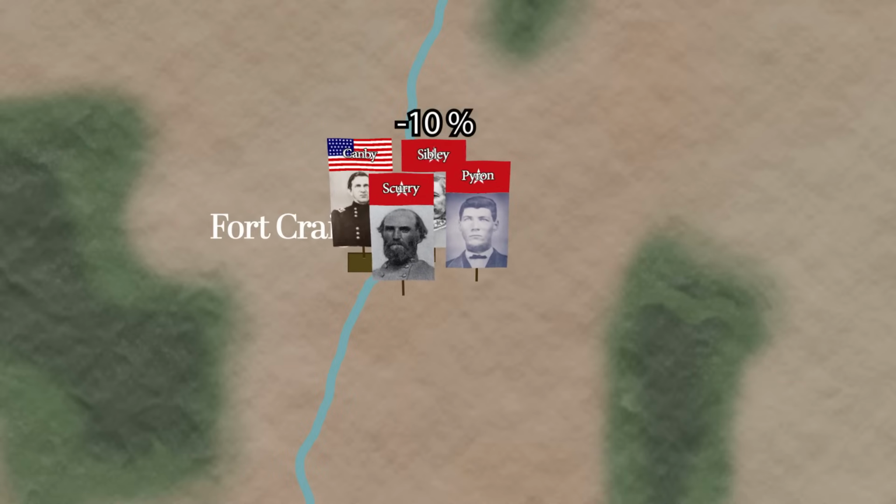Sibley's army sustains 10% casualties, but it fails to interdict Union supplies and fails to take Fort Craig, with its stockpile of provisions. In a campaign based on the acquisition of supplies, anything less than a complete victory amounts to a loss. Union losses at the Battle of Valverde were 17% casualties, in addition to the loss of 6 artillery pieces led by Captain Alexander McRae.